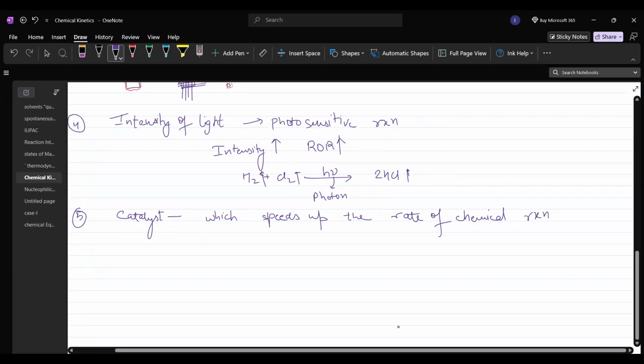What is actually happening is it sets up an alternate path from reactant to product.